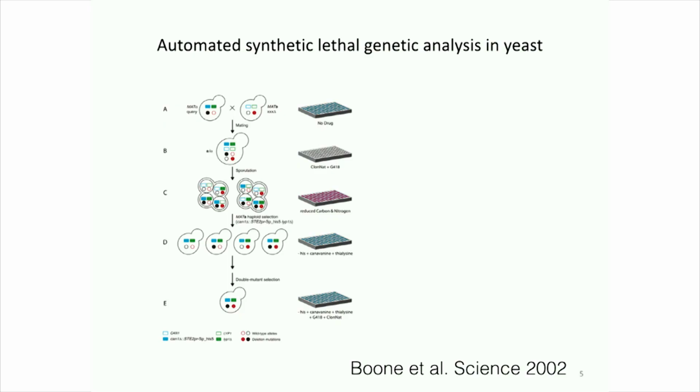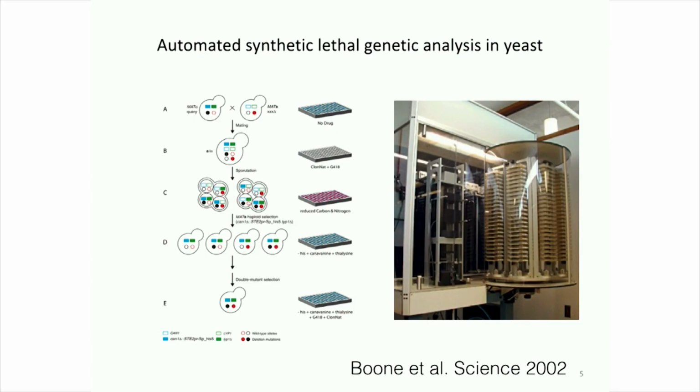And so now you could generate the double mutants and study, for example, how fast they grew or whether they were more or less sensitive to a drug than either of the two single mutants. But as I said, there's huge numbers here, so how could you start to approach the 12 million?